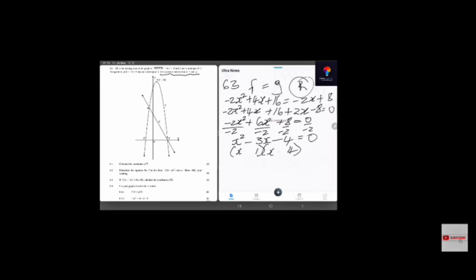So I'll put minus 4 but plus 1, because minus 4 plus 1 is going to give us minus 3, and positive 1 multiplied by negative 4 gives us negative 4. Therefore, x is equal to minus 1 or x is equal to 4.